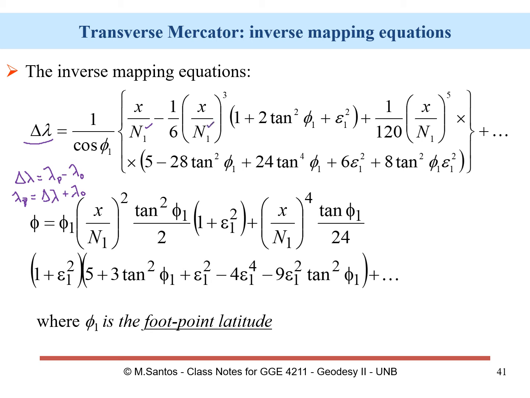N is the radius of curvature of the prime vertical section. Oh, we have this phi prime here. What the heck is that? We also have the latitude expressed as a function of this phi prime. Phi prime is called the foot point latitude. Let us have a look at it.